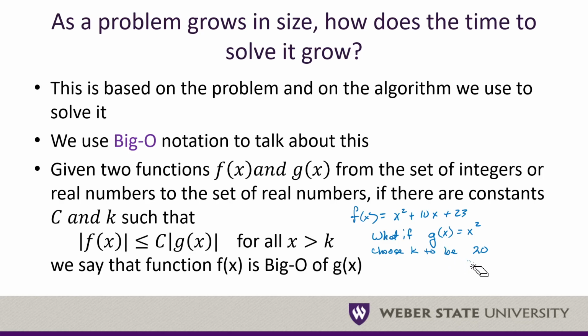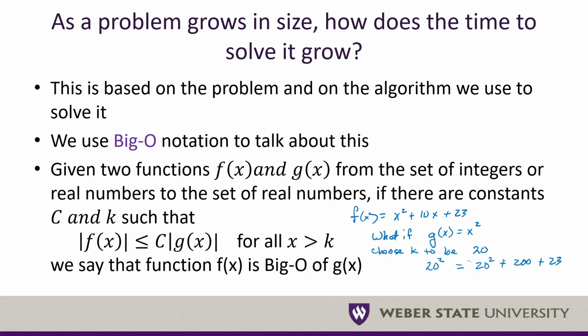So I've got at 20 squared, 20 squared is equal to 20 squared plus 200 plus 23.